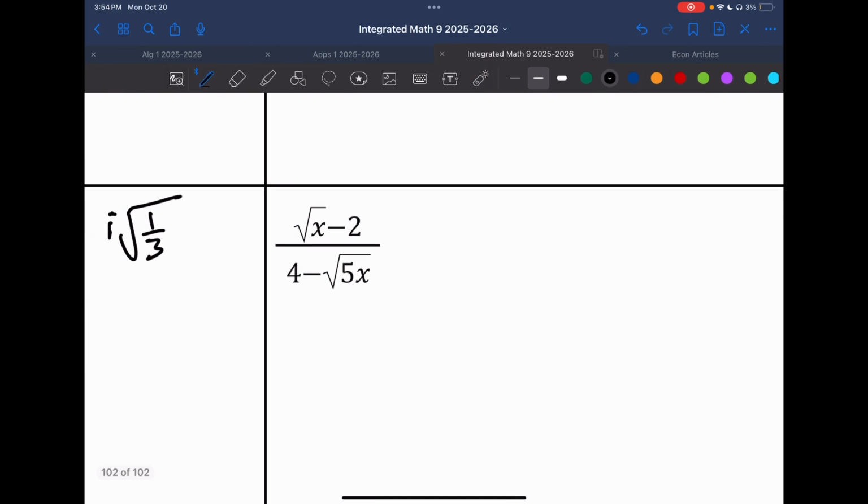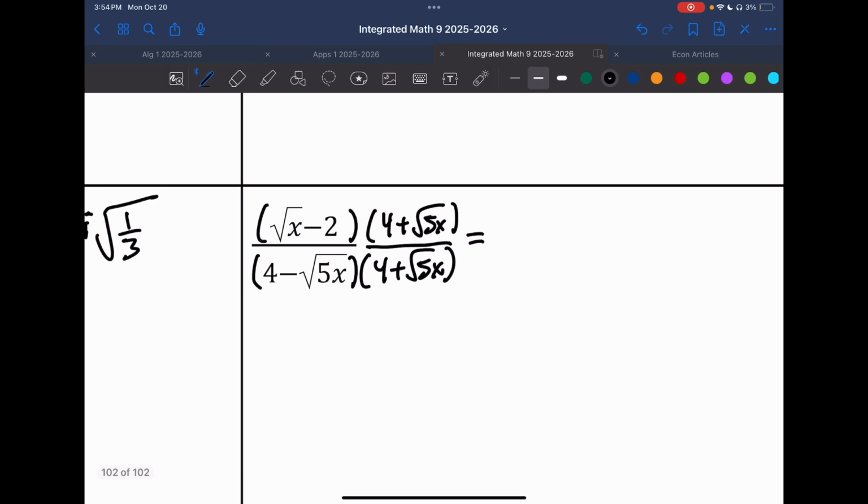Okay, here we need to rationalize by multiplying by the conjugate. So 4 plus root 5x, 4 plus root 5x. All right.